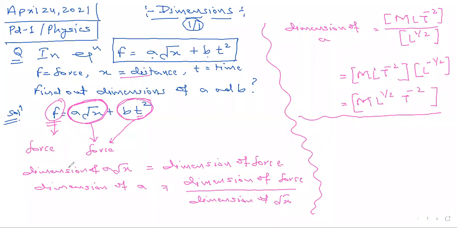It means the dimension of A root x must be equal to the dimension of force. So the dimension of A must be equal to dimension of force divided by dimension of root x. Okay, sir, I understood. Got it? Good. Keep asking.